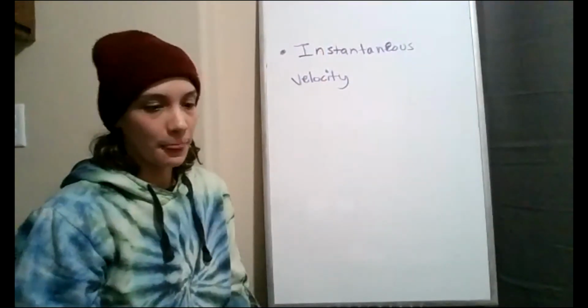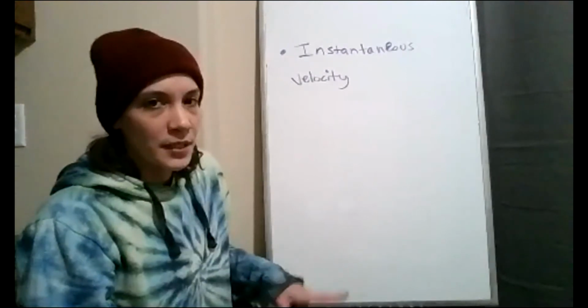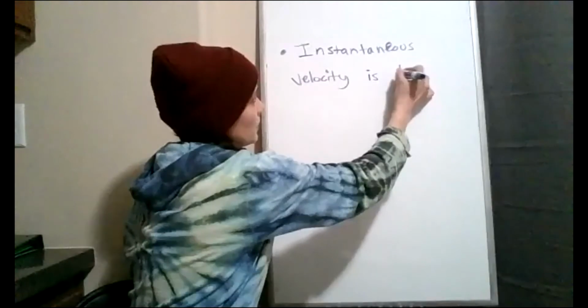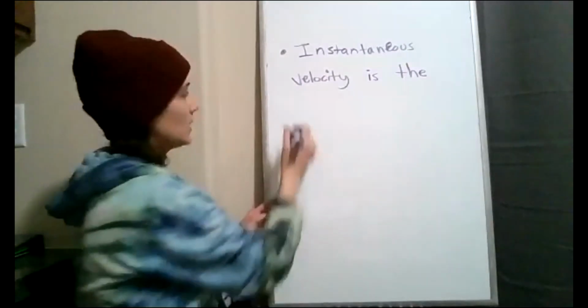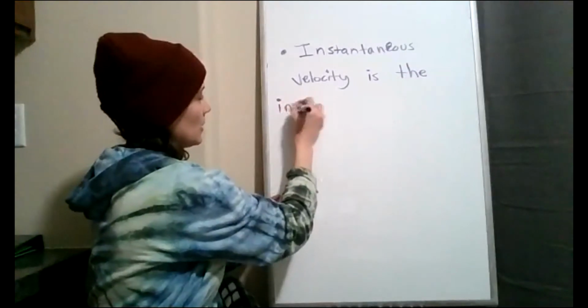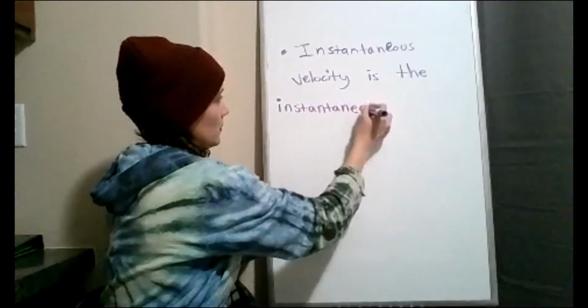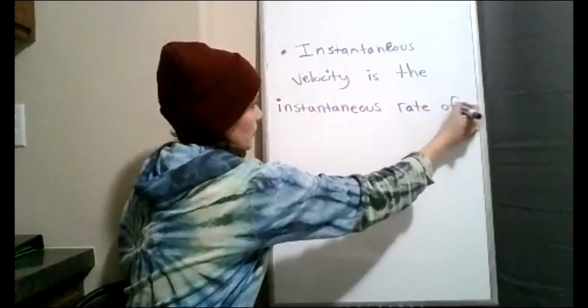Instantaneous velocity is the instant rate of change in a moving object's position. Let's see, what is the instantaneous rate of change?